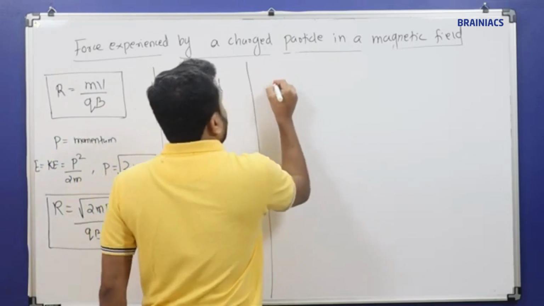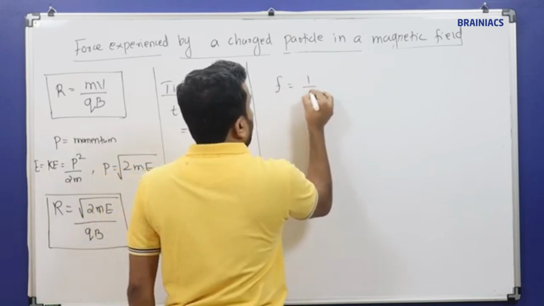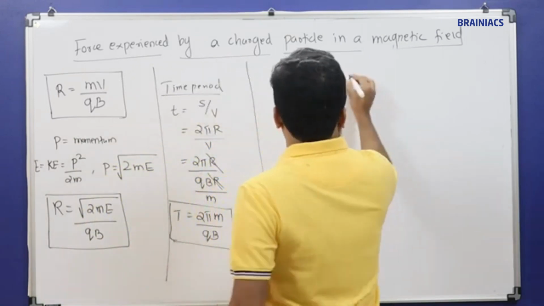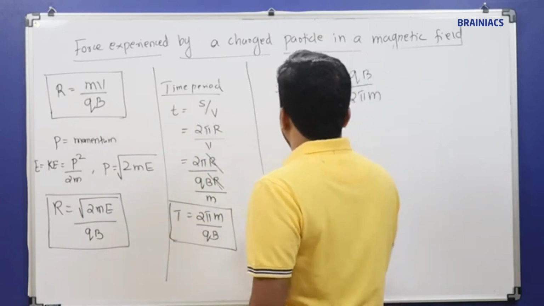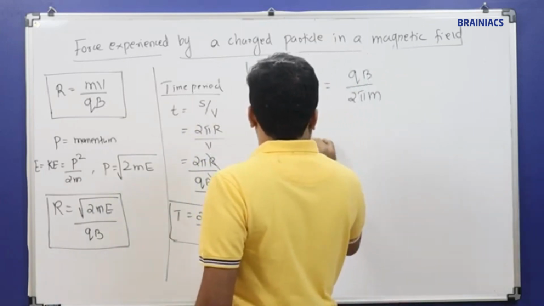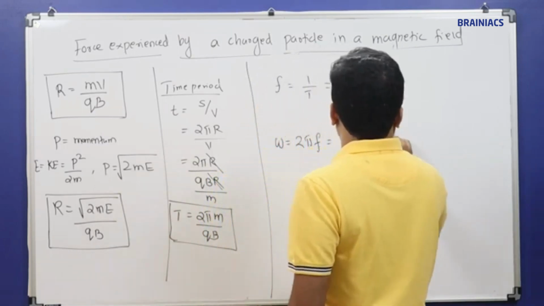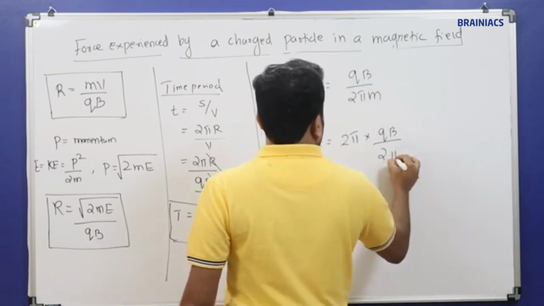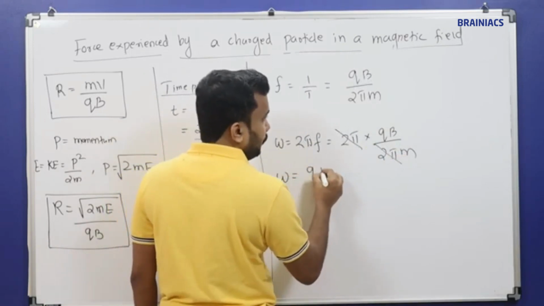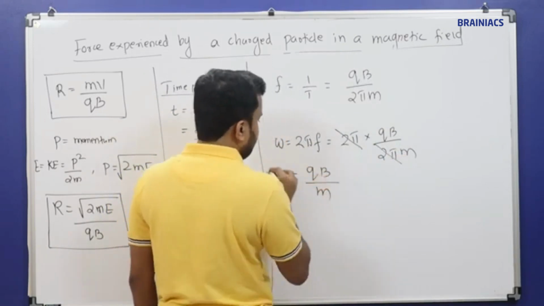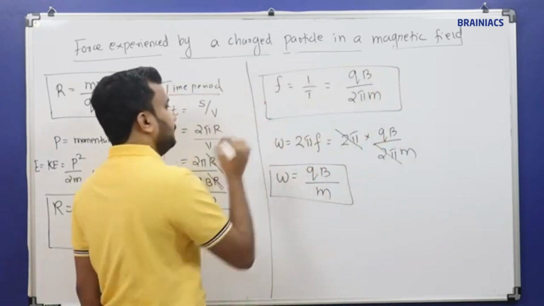The continuation: frequency is equal to 1 by time period, which is equal to qB divided by 2 pi m. Next, omega is equal to 2 pi f, so 2 pi f is equal to qB divided by 2 pi m. The 2 pi gets cancelled, so omega is equal to qB divided by m.